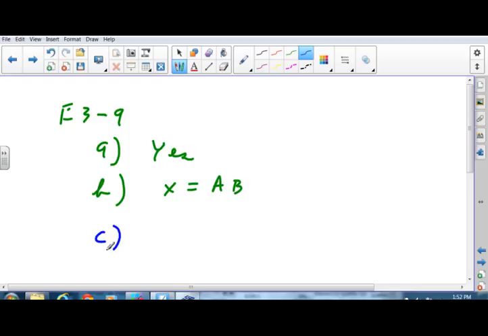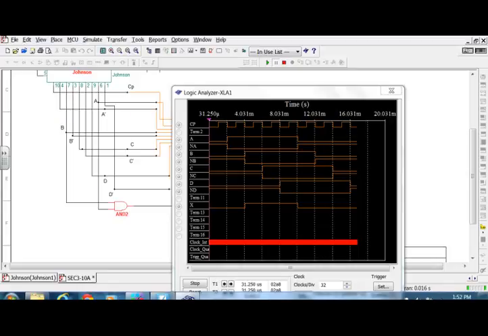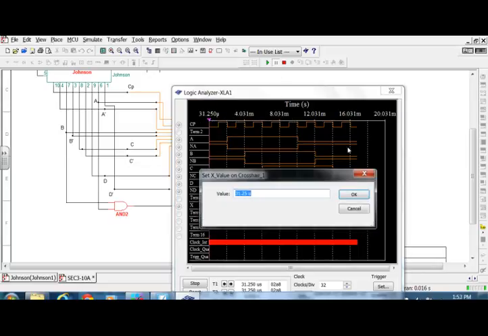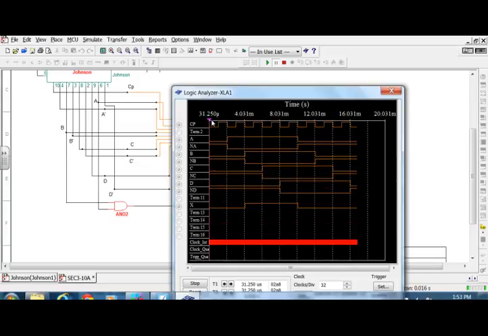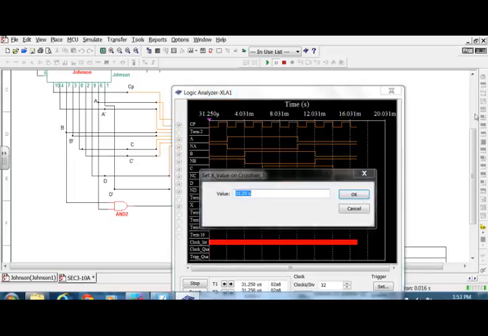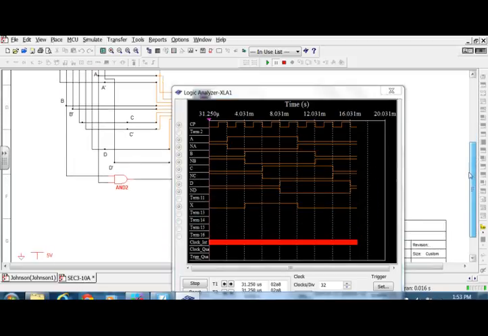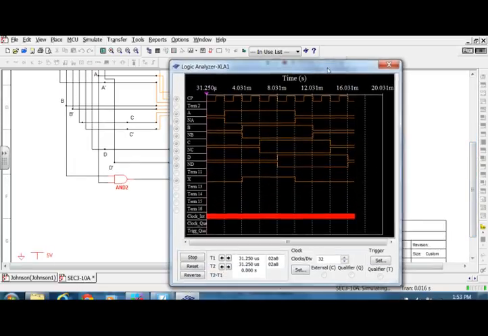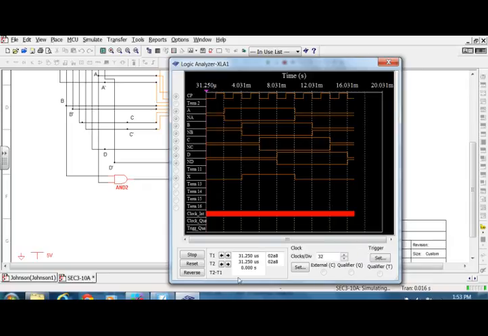What is the time width of the X waveform pulse? All right, so we have a cursor here that we can move over. See if I can grab it. Move this guy someplace where I can see him. Okay, so how come I got a T1 and a T2?